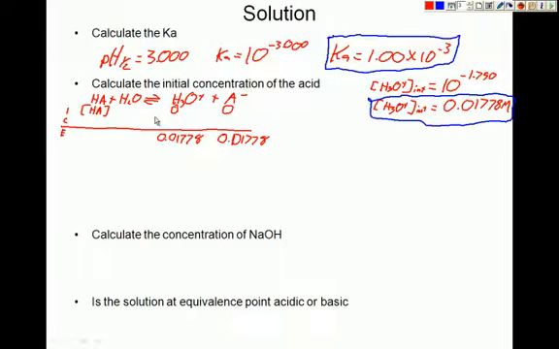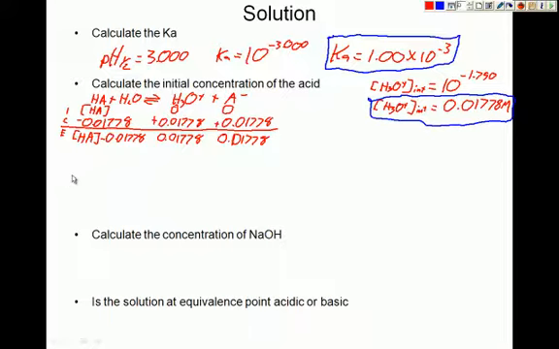That means H3O plus increased by 0.01778, and A minus increased by 0.01778. That means HA had to decrease by 0.01778, and therefore at equilibrium the concentration is HA minus 0.01778.